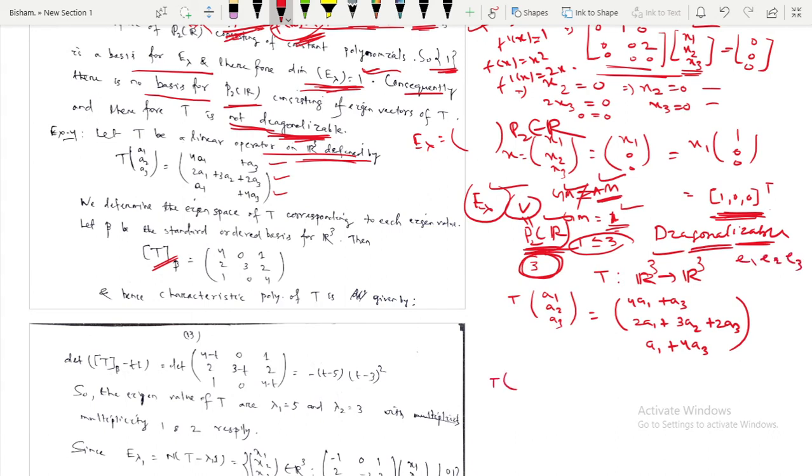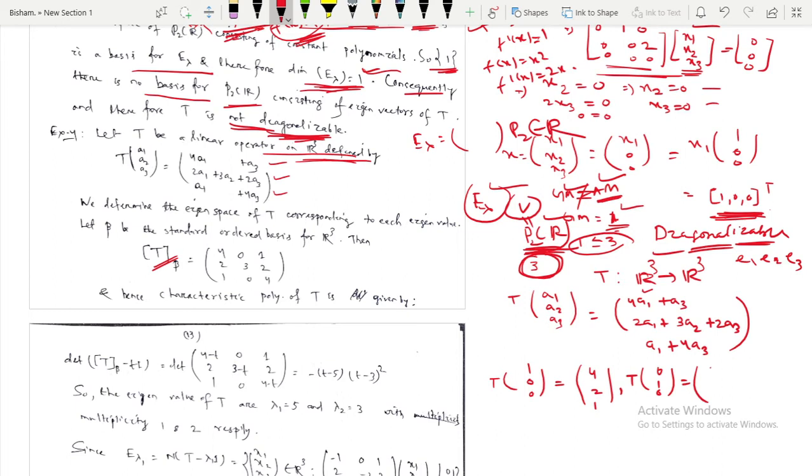So if you calculate T of E1, that is T of (1, 0, 0). Here A1 is 1, A2 is 0, A3 is 0. So what will be its transformation? In A1 you place 1, and A2, A3 are zeros. So this will be (4, 2, 1). Similarly, T of (0, 1, 0): in A2 you have to write 1, and for the other places write 0.